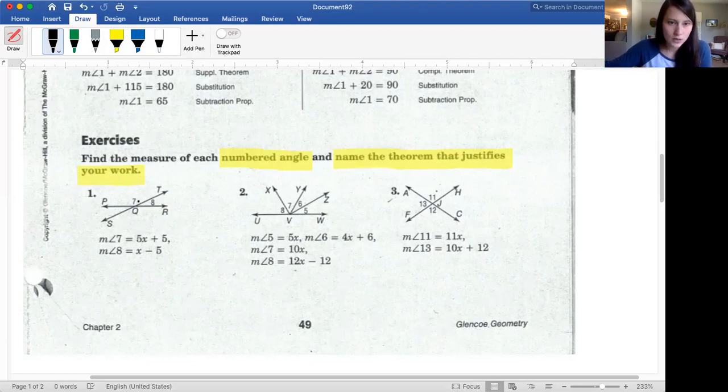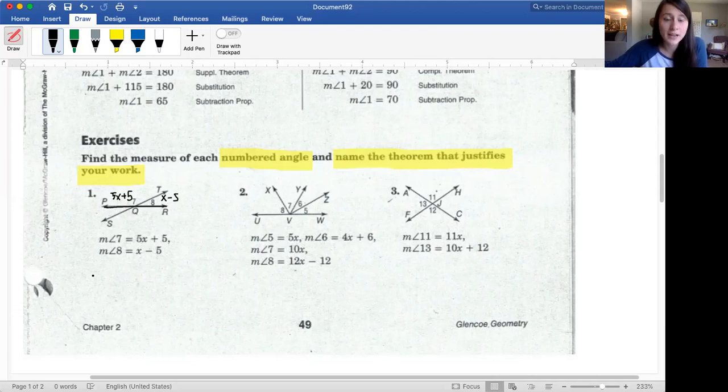So let's look at number 1. This is saying that angle 7 equals 5x plus 5. So here's 5x plus 5. And then angle 8 equals x minus 5. So what's the relationship between angle 7 and angle 8? Do they form a straight line here? They do. So if they form a line, then we can conclude that 7 and 8 are linear pairs. If 7 and 8 are linear pairs, what can we conclude?